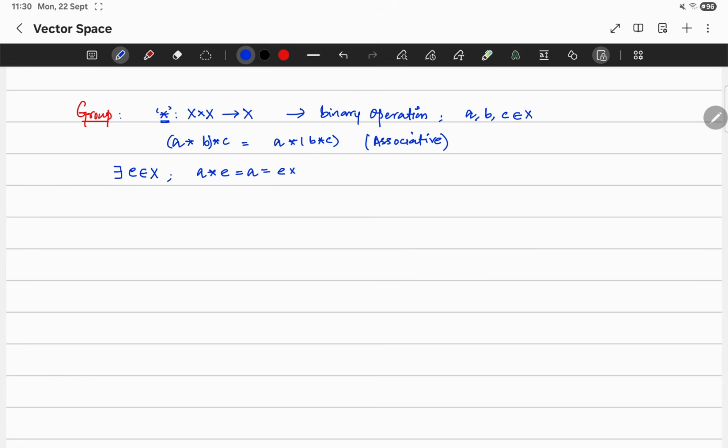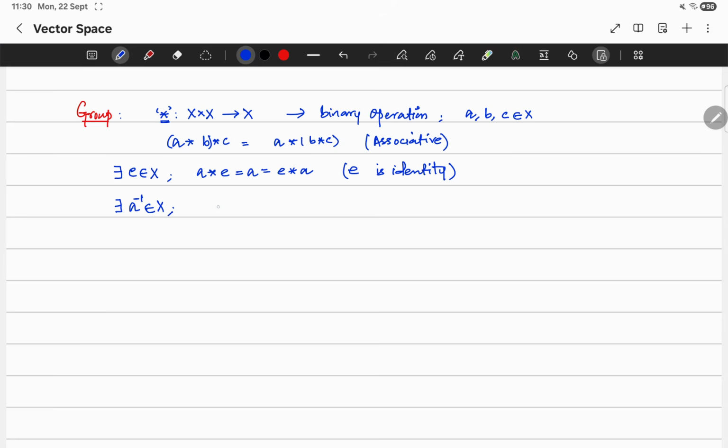So that element is called the identity, so e is the identity and it should be in the set X. We have seen another property, that there exists one element from the set X which we denote in this way.